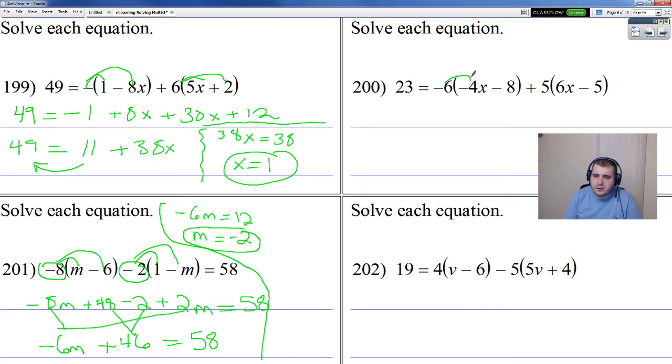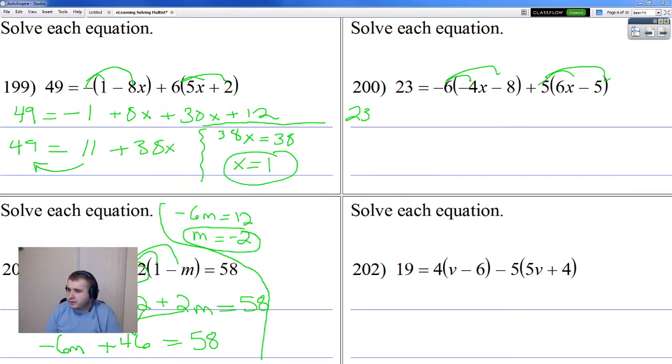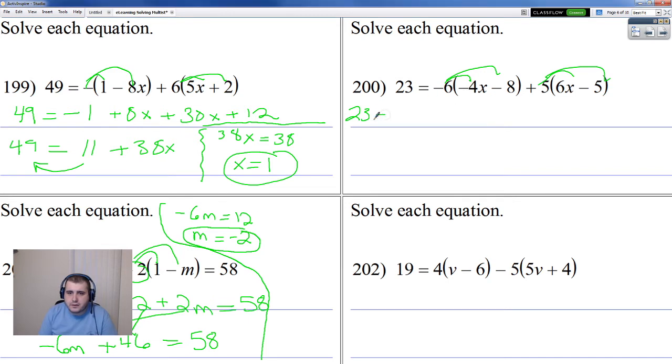Like here, distribute, distribute. 23, and I'm still in the way. You're not useful anymore. I'll move you over here. So we got 24x. What do we say? 6 times 8 was 48, right? 48.